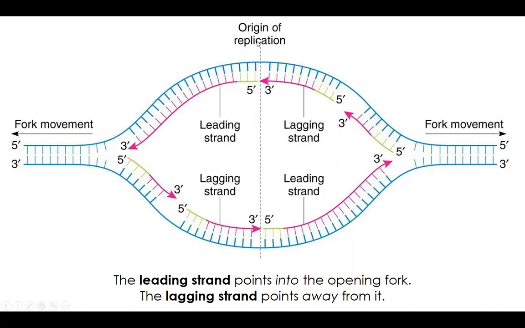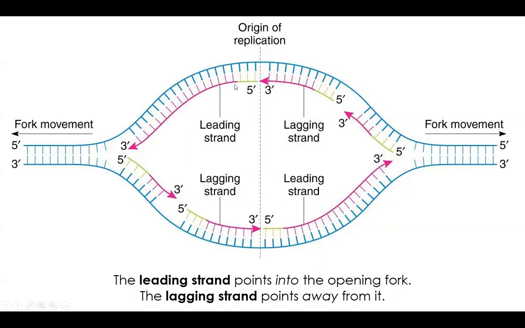But just notice that when we cross over into the right half of this, things change. The strand that was the lagging strand over here is now the leading strand because we're going into the fork. The strand that was the leading strand that we've been working with so long is, on the right-hand side, the lagging strand because it's going away from the fork. So really one strand is not worse than the other. It just depends on which side of the fork you're on at what point.